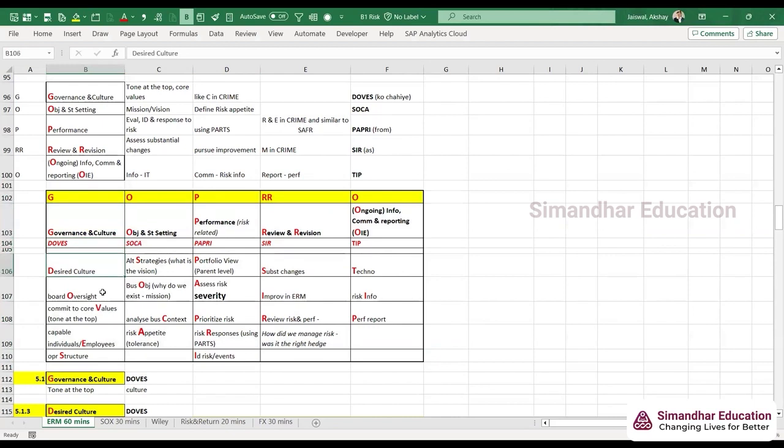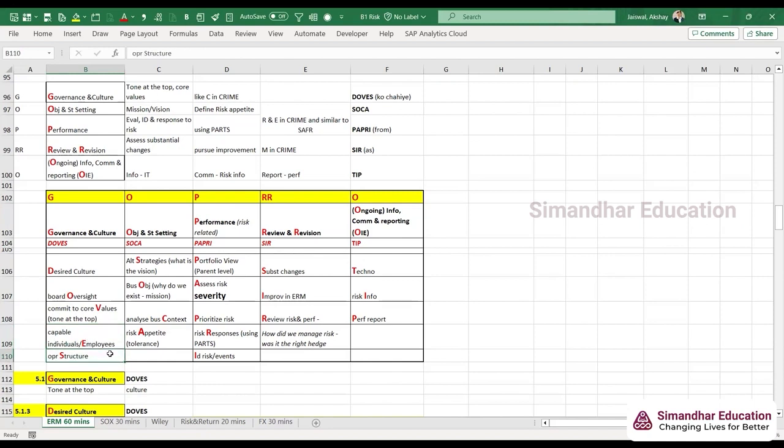Related to our culture, oversight of the board over management, our core values, again tone at the top, capable individuals or employees, whether we are retaining them or not, because we should not let go, right? Today's culture is you let go of the current good employees and take other employees at a higher rate, giving them a 50% hike. That should not be the culture, because that is costlier for the company.